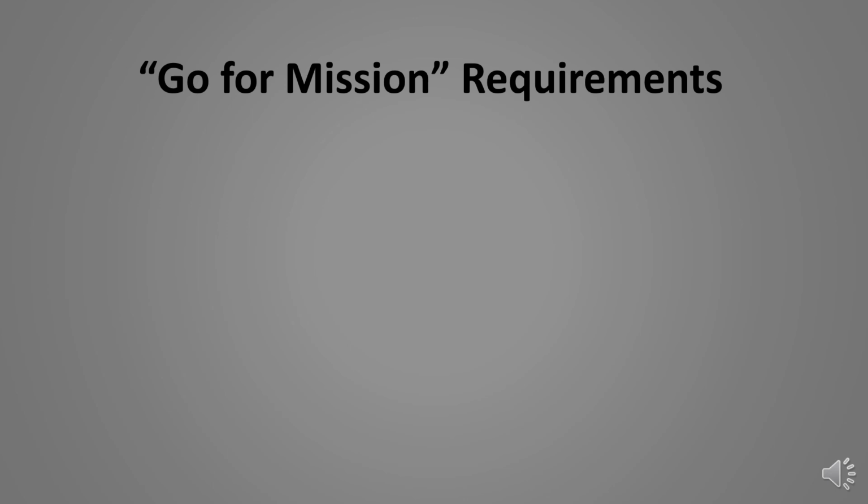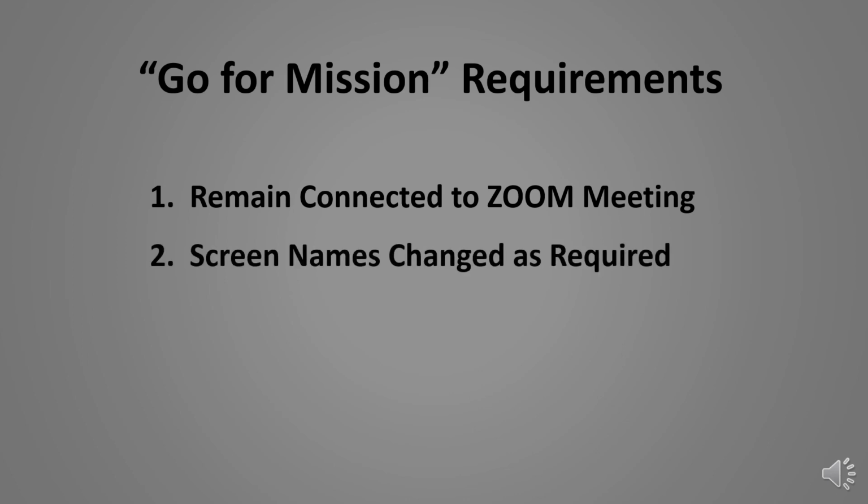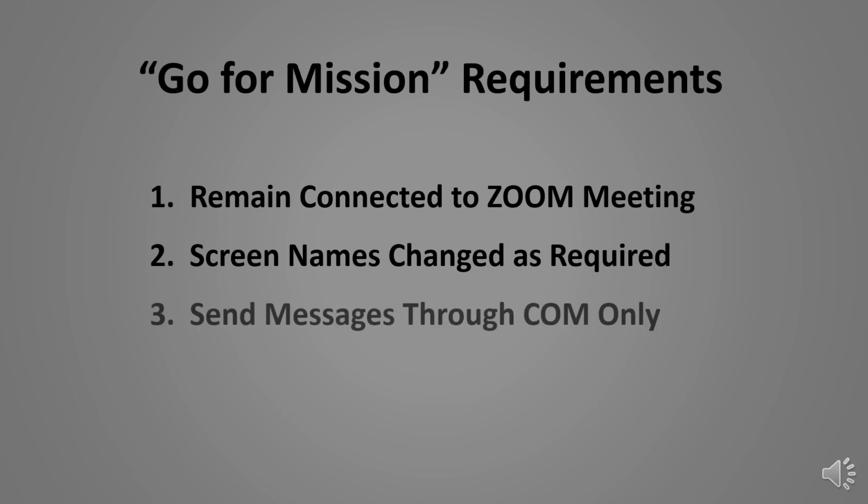So a confident go for mission means that participants are connected and are prepared to remain connected to the Zoom meeting at all times and must be able to listen to the mission commander and their teammates at all times. And participants have changed their screen names as required. Participants are prepared to send messages through the comm officer, who is the only crew member who will speak directly to the mission commander.